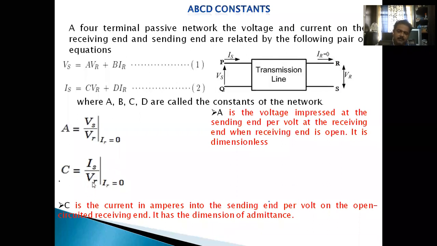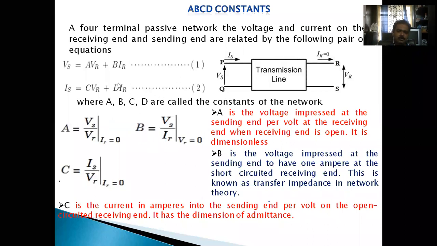Since it is current by voltage, it is an admittance value; voltage by current becomes impedance. The unit is mho. If we assume the receiving end voltage is unit voltage, then Is is equal to C when the receiving end is open circuit. So these are the names.